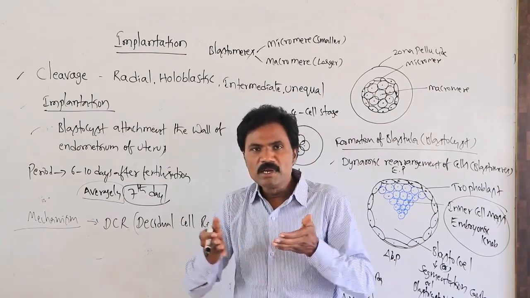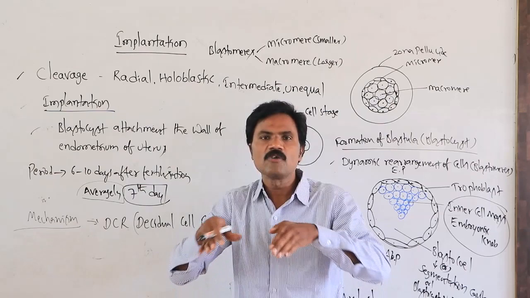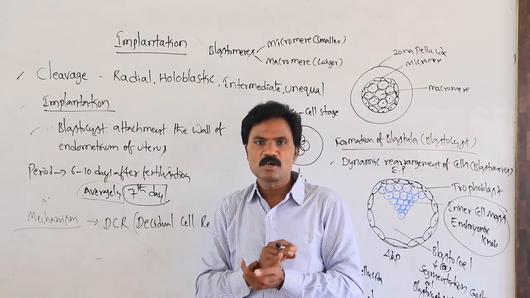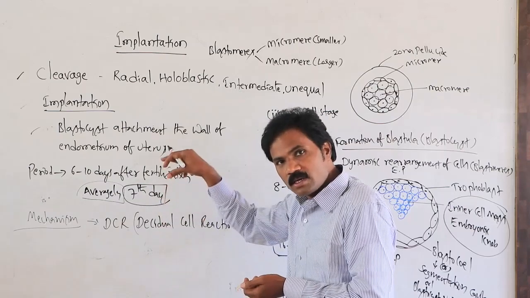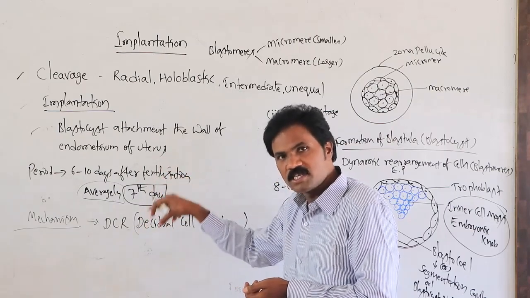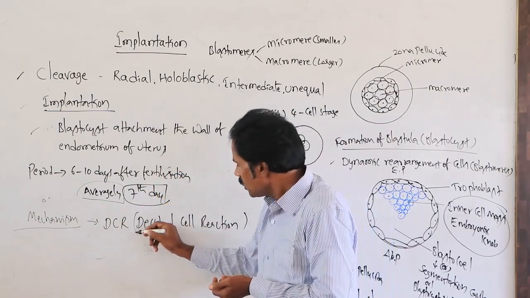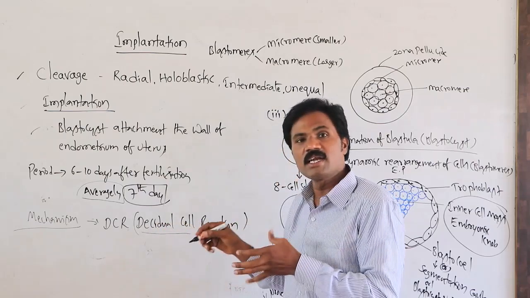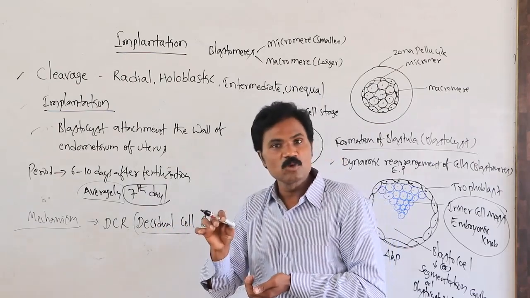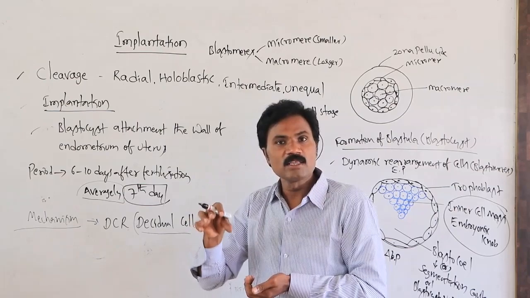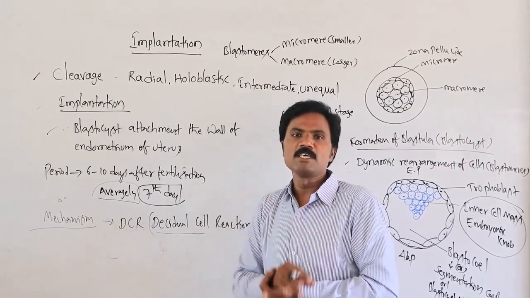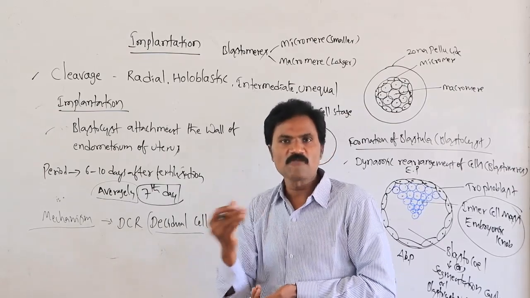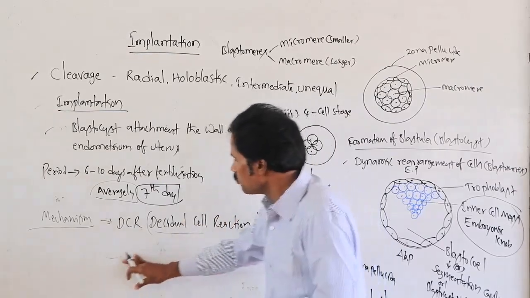Then it completely covers and binds the blastocyst. These cells provide for the further growth and development of the embryo. That is decidual.